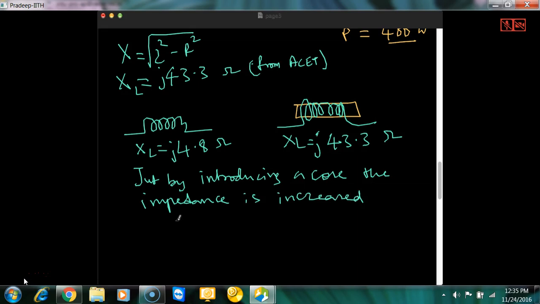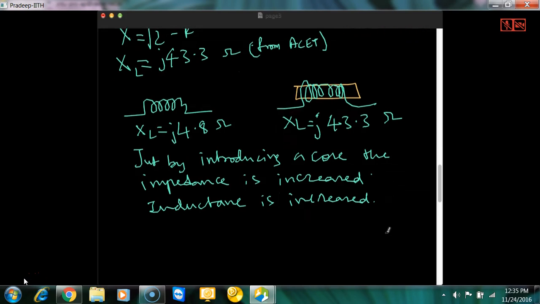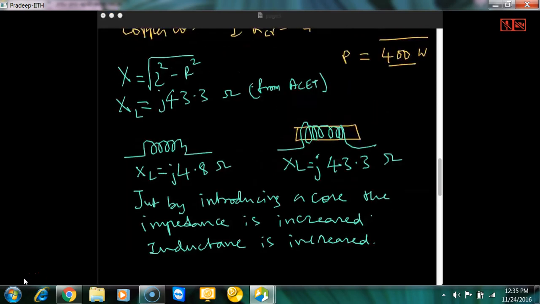Not only impedance, the inductance is also increased. This is one more interesting thing you can see from this. So Lingaya has also mentioned it is 297.6. That is also correct.